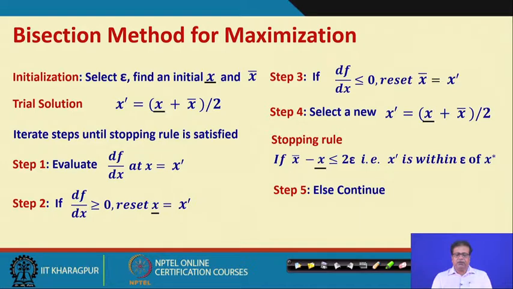Then, by evaluating the gradient and noting which side it is on, we keep averaging those two values, reducing the search space, and finally obtain the extreme point. So, that was the bisection method.